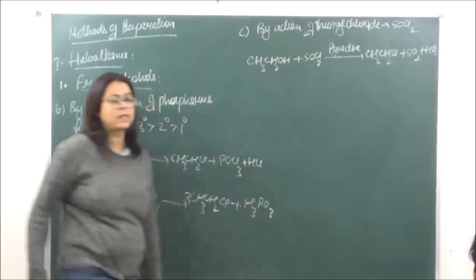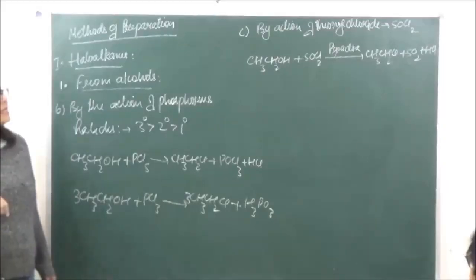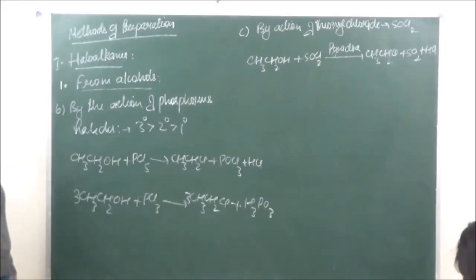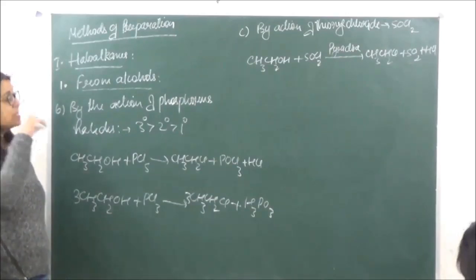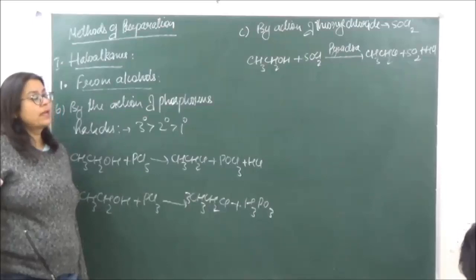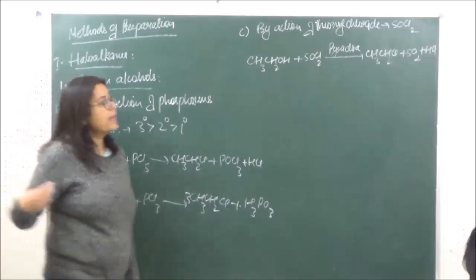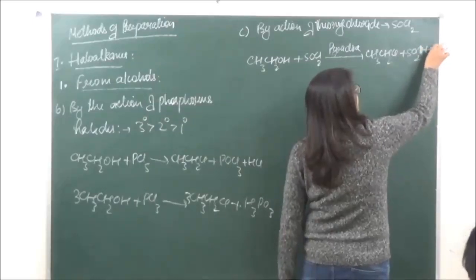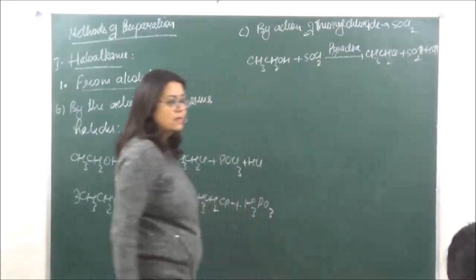Right? Now in this case, when we are comparing all the three types of reactions which we have done, this is one of the best methods to produce haloalkanes. The reason behind that is that here the sulfur dioxide and HCl are both gases. Okay?